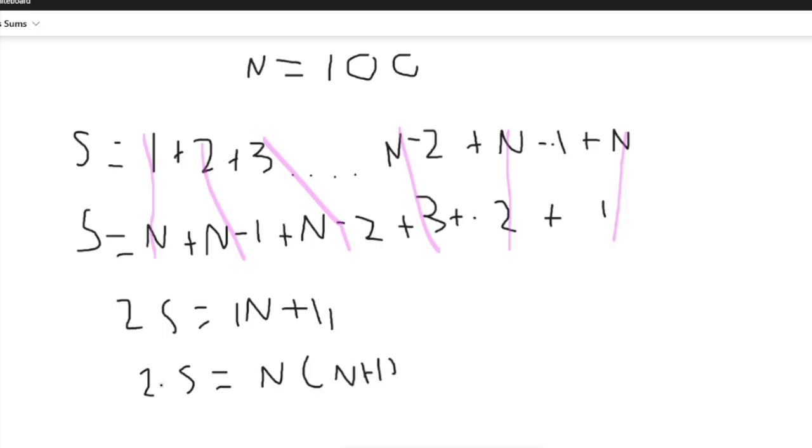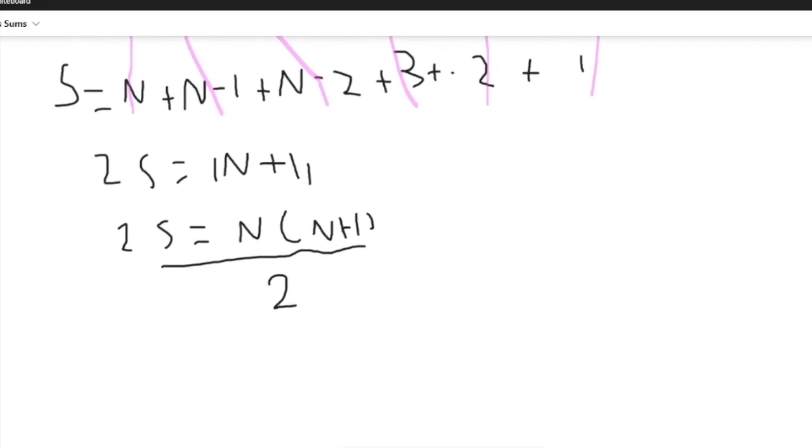So to simplify this, we want to just find S. So we can divide both sides by 2, and then we would just get S equals n times n plus 1 over 2. And we've derived a basic formula for Gauss summation.